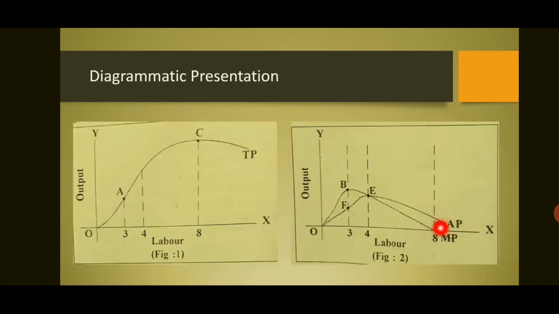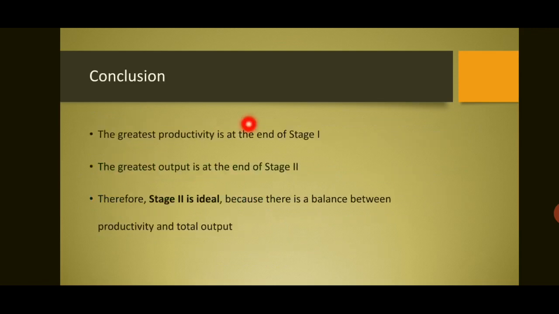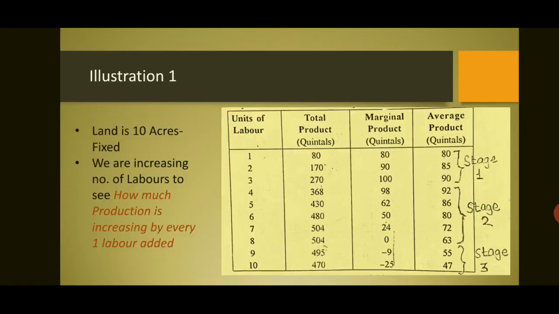This part has a negative slope. After labor 8, the marginal product curve is negative. So what we have concluded is that the greatest productivity is at the end of stage 1. We saw that at the end of stage 1 we will get maximum average product and maximum marginal product.